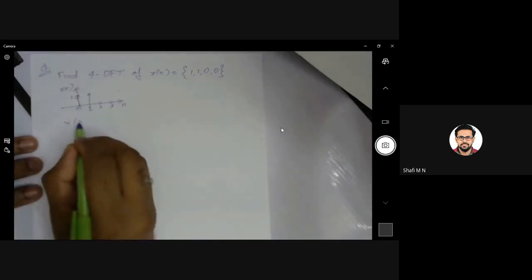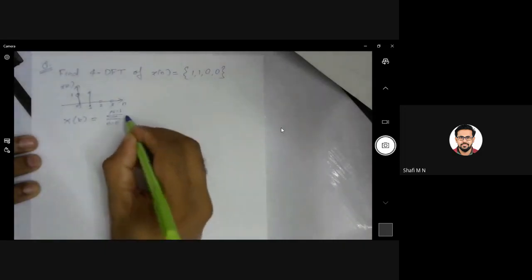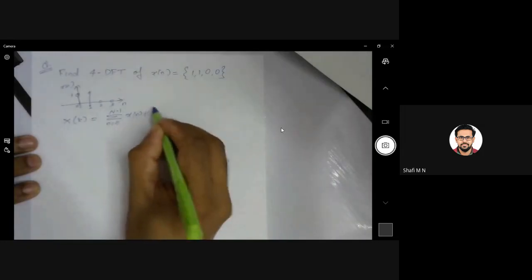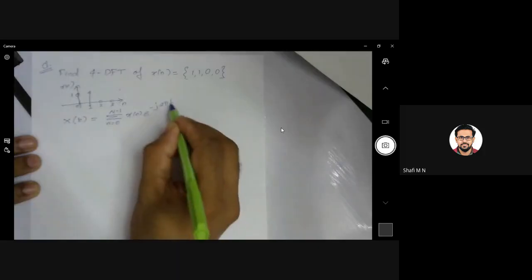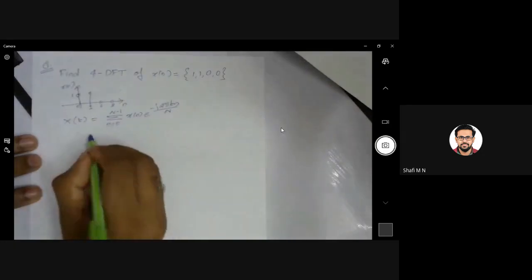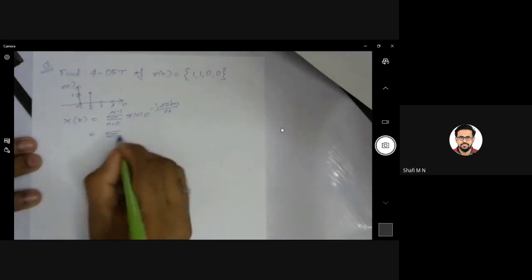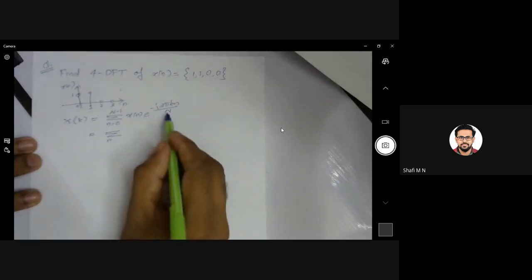The spectrum will be represented as x of k, right? So x of k is equal to sigma n equal to, you write your general equation first, x of n e raised to minus j 2 pi kn by n. You have to learn this by heart. First thing, you substitute the value of capital N. You always modify the equation first, then you proceed. Else in each and every step you have to do the substitution. So it's always easy to do the substitution for n first.